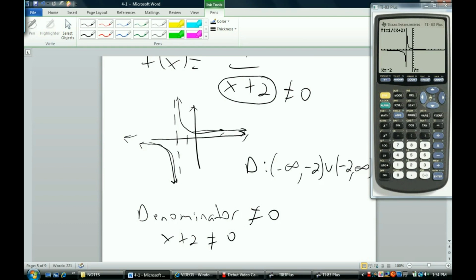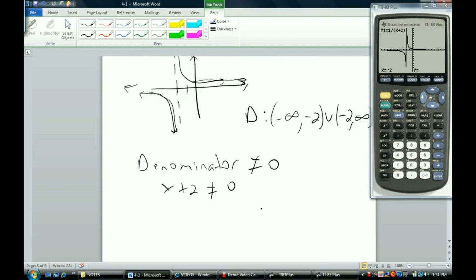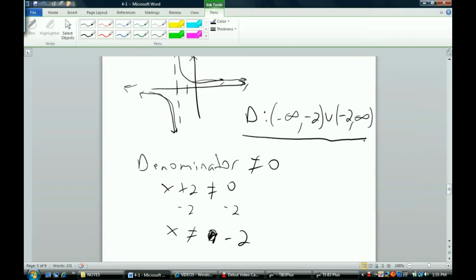You probably won't think of it as not equal to 0. And then you solve like you normally would. And it's telling you that x cannot be negative 2, which is what this is saying also. It's everything but negative 2. So it comes from negative infinity to negative 2, jumps over negative 2, and then goes from negative 2 to infinity again.